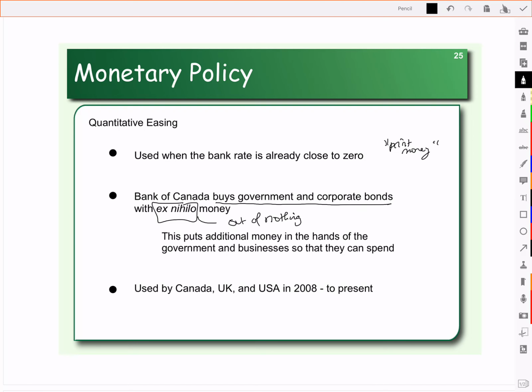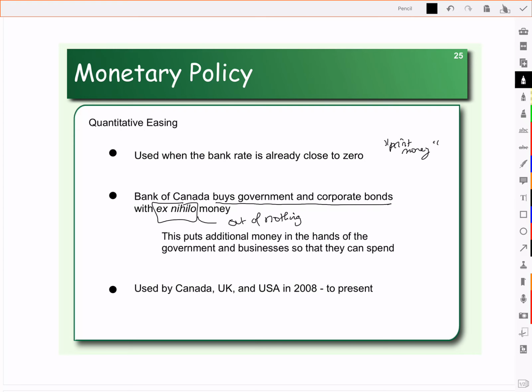And so 2008 to the present, well, really 2008 to about 2016, we see a lot of quantitative easing. Canada, the UK, the US, they're doing a lot of creating money, buying up corporate and government bonds to get companies and the government to spend to help stimulate the economy.